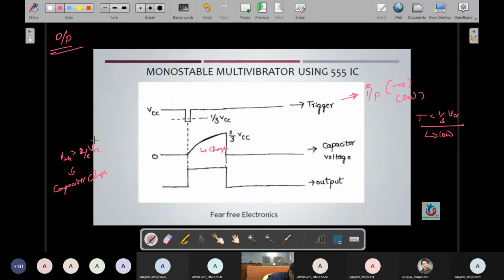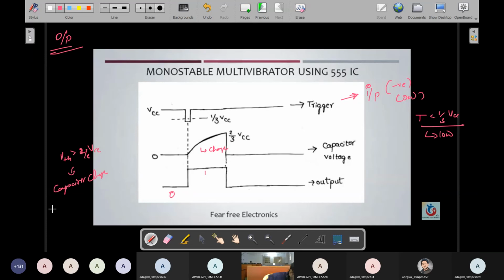VCC, then comparator 1 is selecting high. Selecting high means the capacitor will be charging, and the output always shows the high state. So this is the output voltage. Initially output is 0. Until the capacitor discharges, it is in the charging condition only, and that charging condition is represented as a high value.